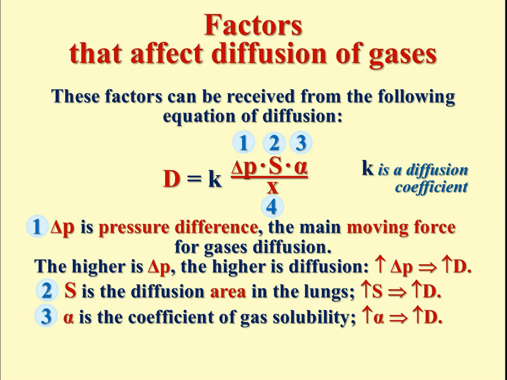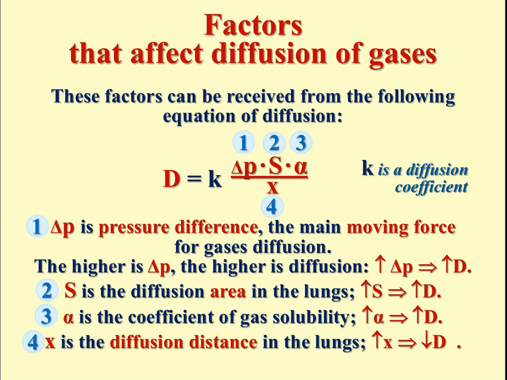And the last parameter, which is located in the denominator, you see this is X, and X here stands for diffusion distance in the lungs. Diffusion distance is the distance for oxygen molecules to pass from alveolar air into blood and finally to red blood cells, to hemoglobin. This distance is proportional to the thickness of the alveolar wall. It doesn't take the full alveolar wall thickness, but anyway, it's proportional.